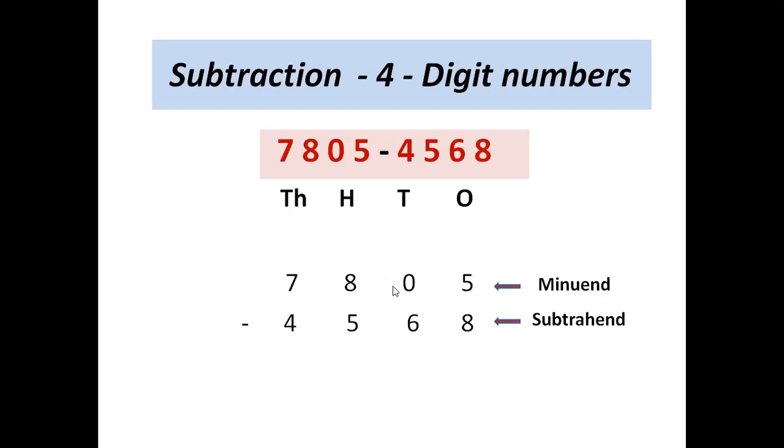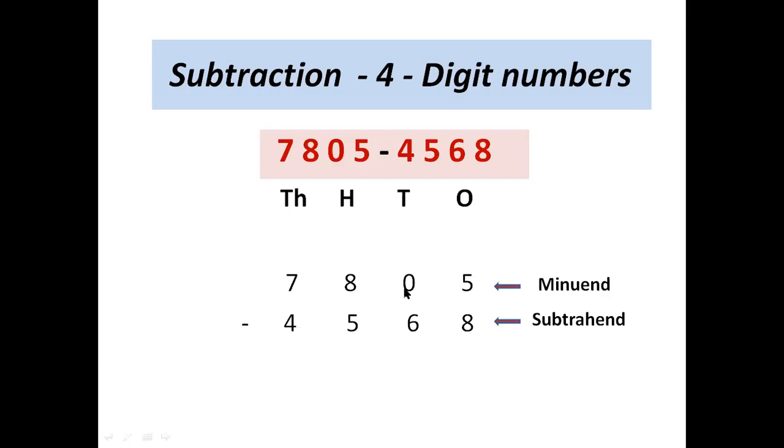But the tens place value is 0, and 0 is nothing, and from nothing you cannot borrow anything. So 0 will first have to borrow from the hundreds place value, and then 5 can borrow from it.